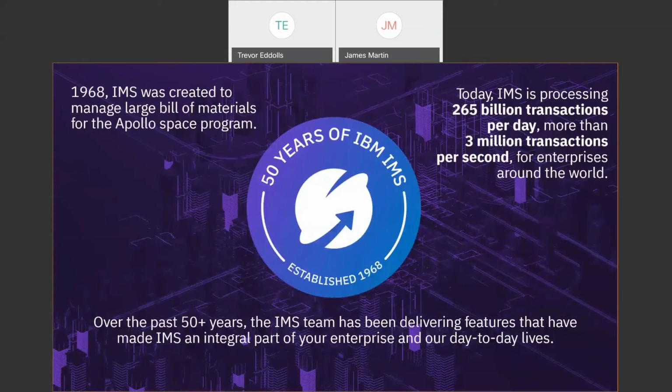IMS was actually created in 1968, as all of you know, to manage the large bill of materials that was needed for the Apollo space program. It's kind of stuck around since then. People have uptaken it for database solutions, and you can see over there on the right that today IMS is processing 265 billion transactions a day, 3 million transactions per second.